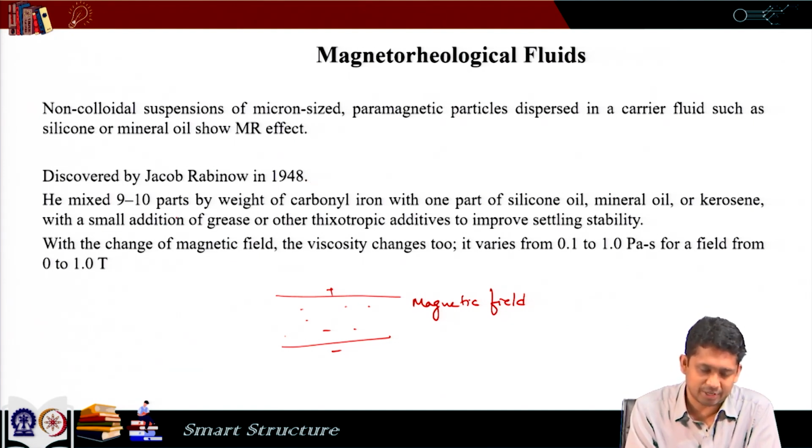He mixed 9 to 10 parts by weight of carbonyl iron with 1 part of silicone oil, mineral oil or kerosene, with a small addition of grease or other thixotropic additives to improve the settling stability. With the change in magnetic field, the viscosity changes too, and it varies from 0.1 to 1 Pa·s for a field from 0 to 1 T.